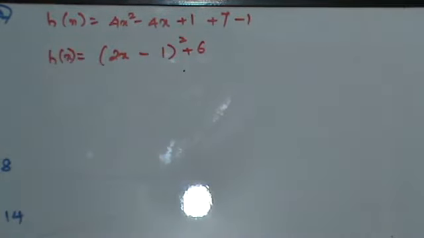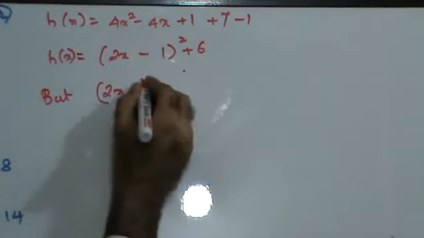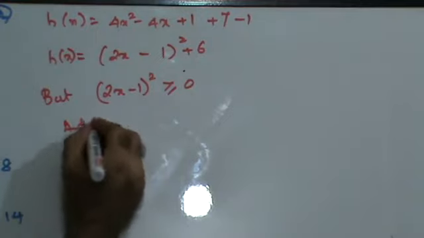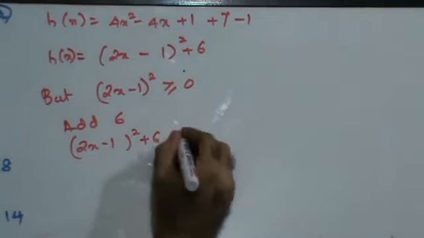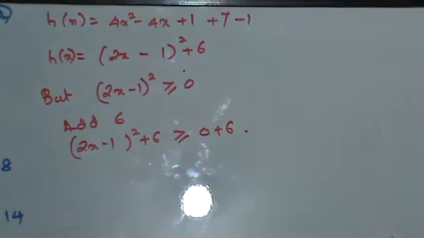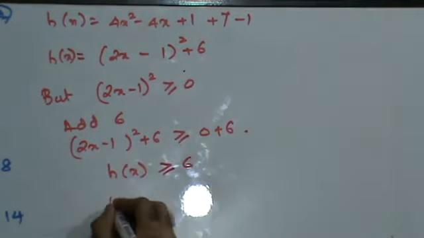So I get h of x is 2x minus 1 the whole square plus 6. But we know that square of any number will always be greater than or equal to 0. If I add 6, I'll get 2x minus 1 the whole square plus 6 has to be greater than or equal to 6. But 2x minus 1 the whole square plus 6 is nothing but h of x. So I can say h of x is greater than or equal to 6.